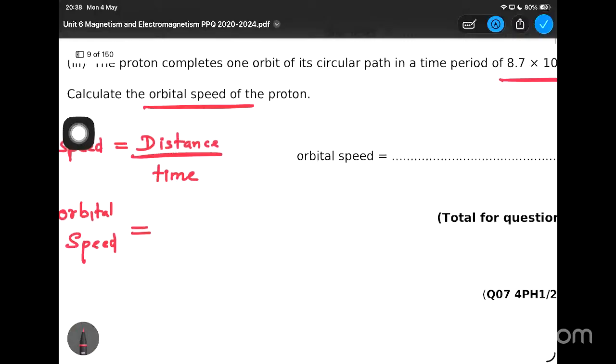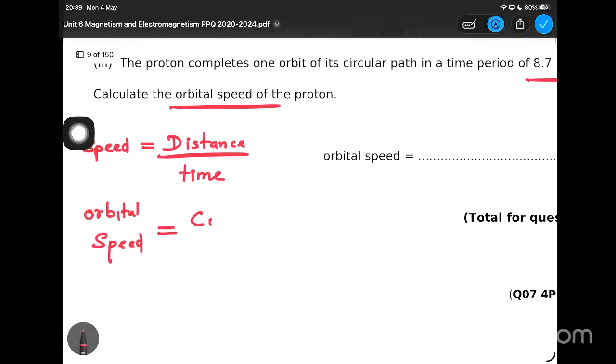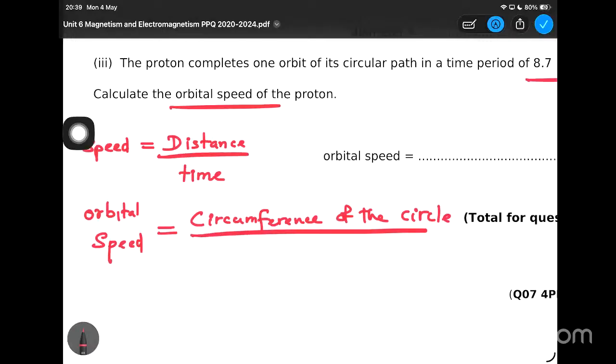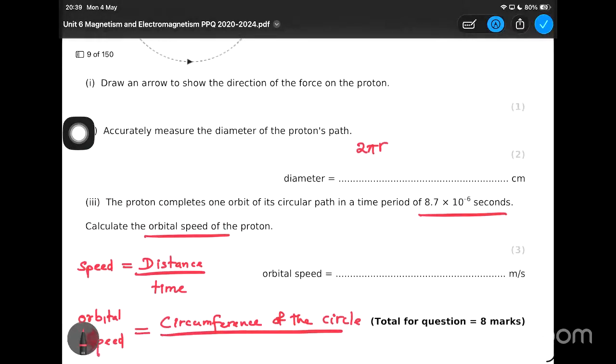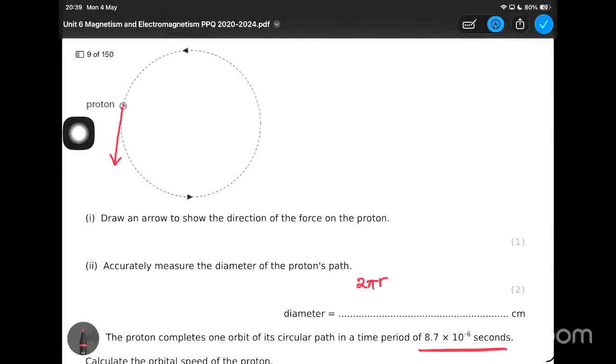So the distance would be the circumference of the circle divided by time.